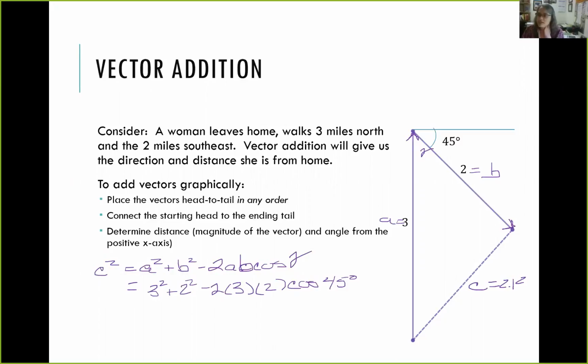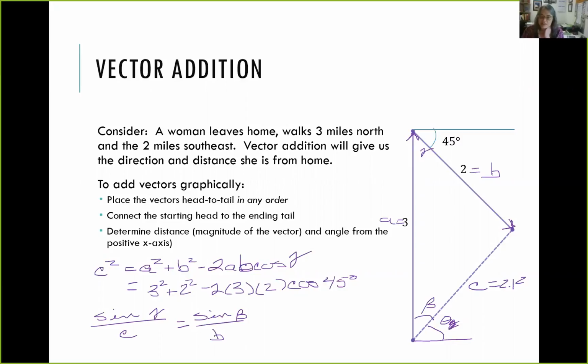But now we need to know an angle, and we will always describe our vectors with an angle from standard position. What we're actually going to find is this internal angle using the law of sines, which tells us that the sine of gamma divided by c is equal to the sine of beta divided by b.